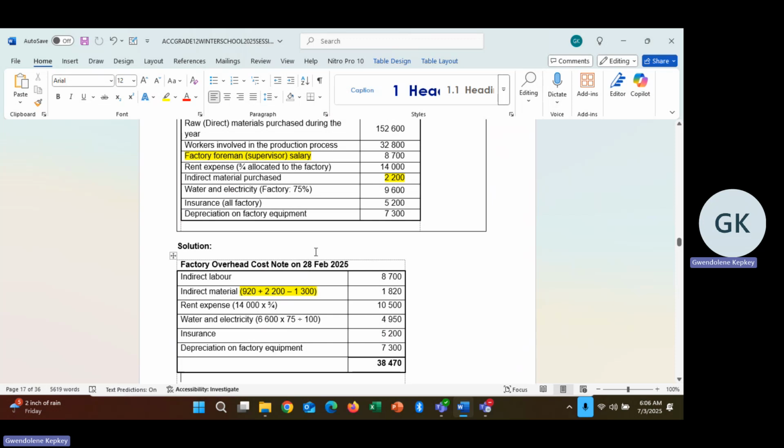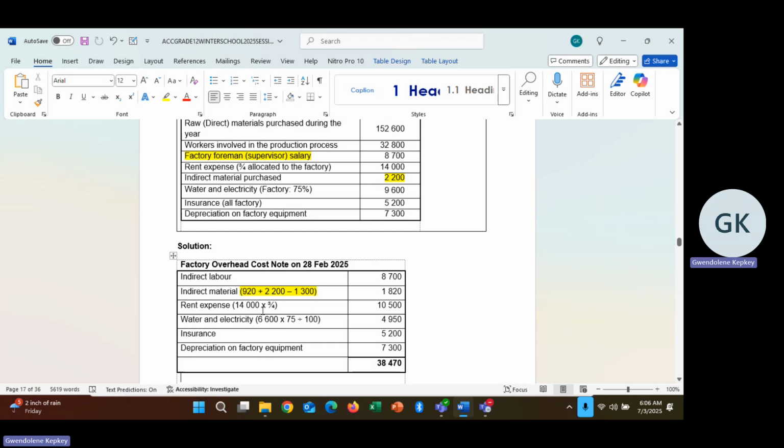My rent, in total 14,000 was spent, but only 3/4 belongs to the factory, and the amount there then comes to 10,500. Also, another factory cost is my water and electricity. They're telling us it is 75%.